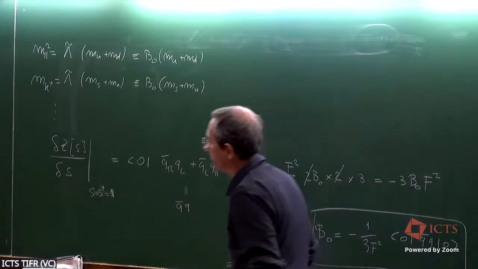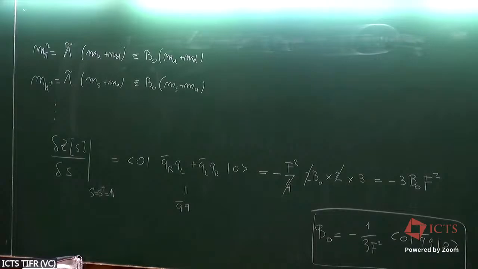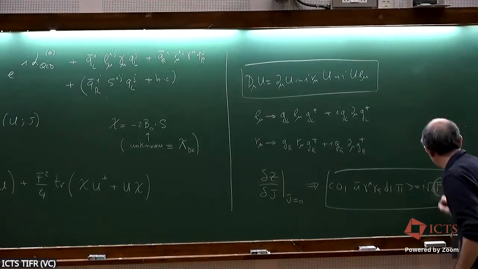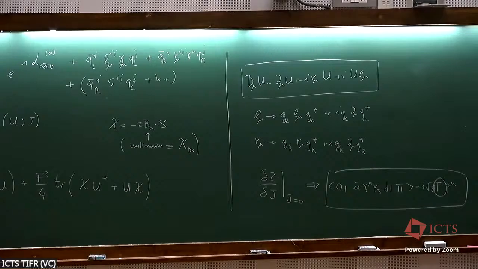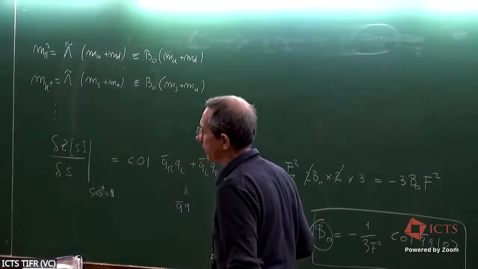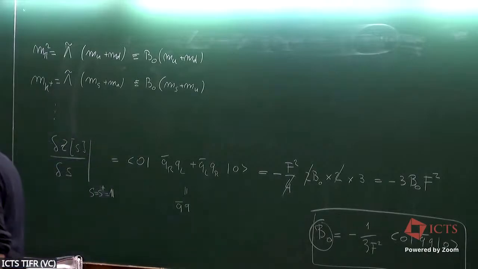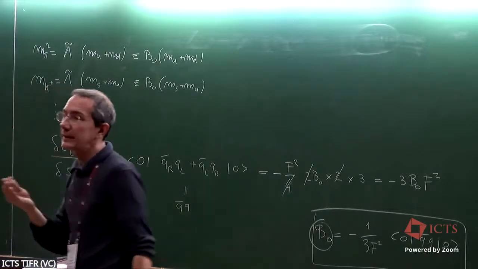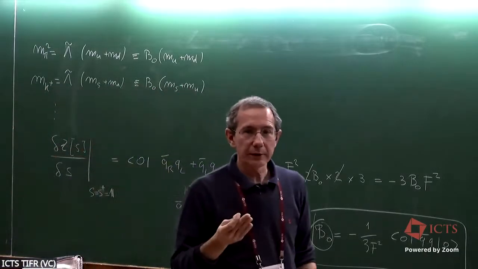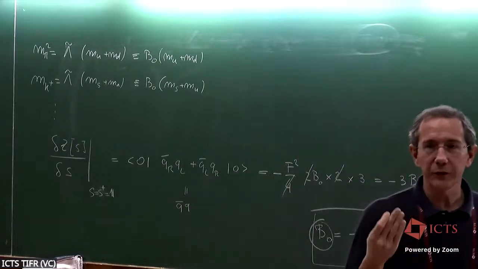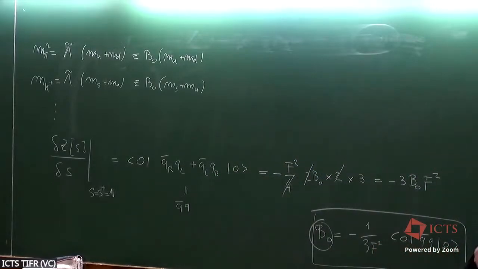So now we have this nice interpretation of the two leading parameters, F and B0, which appear in our chiral Lagrangian in terms of two well-defined expectation values. These are really the two leading order parameters of chiral symmetry breaking.